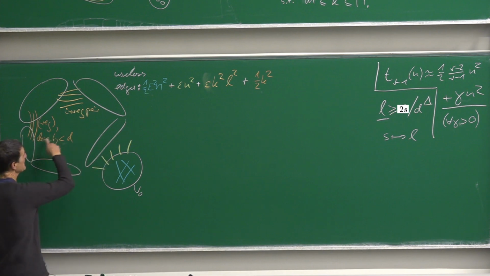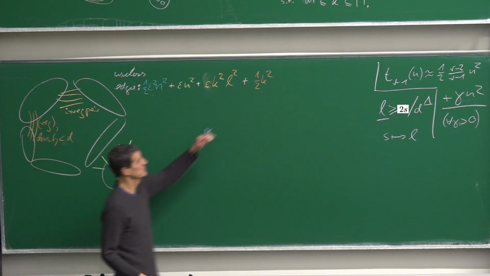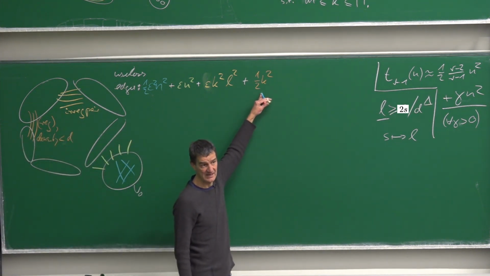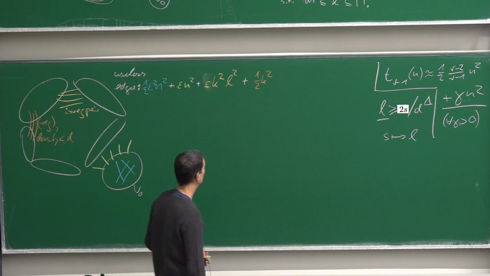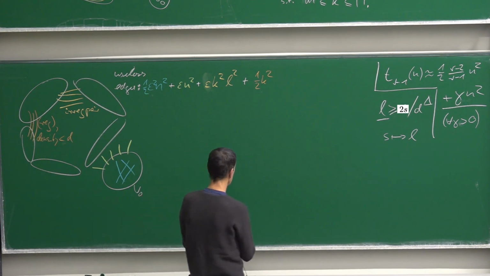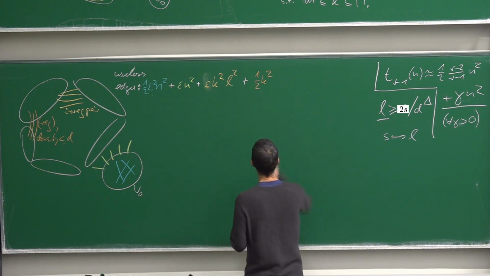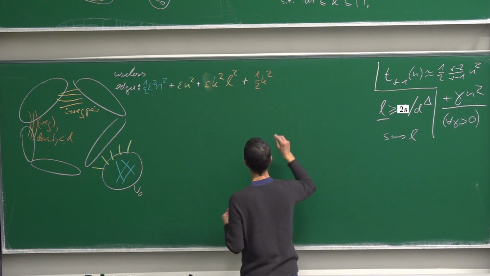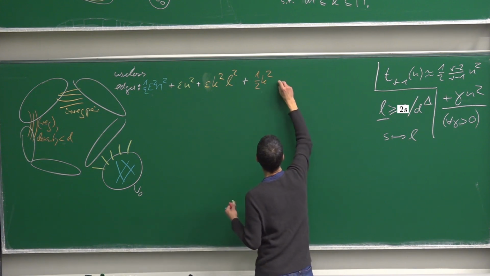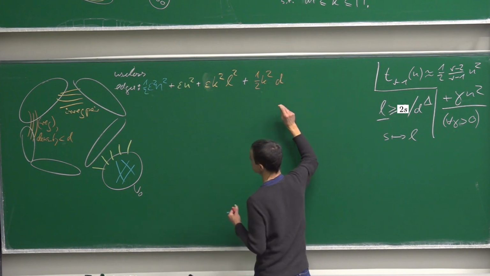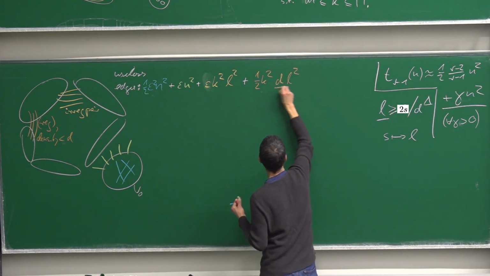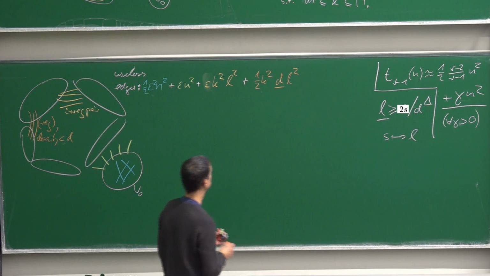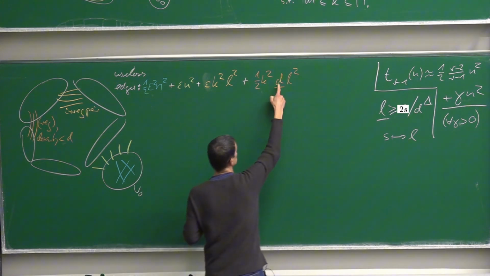The number of regular pairs is roughly the same as the number of pairs in total, because all but an epsilon portion of them are regular, so that's not going to be a big loss. At most this many pairs, and how many edges inside one pair? Well, D times L squared, right? So that's a small constant.